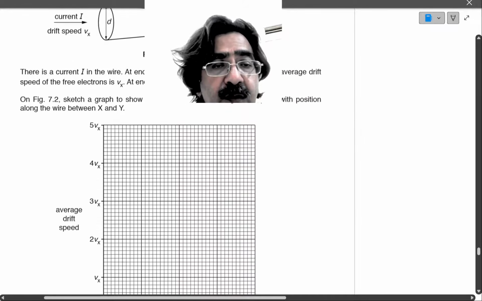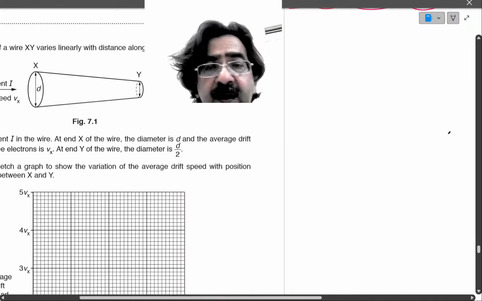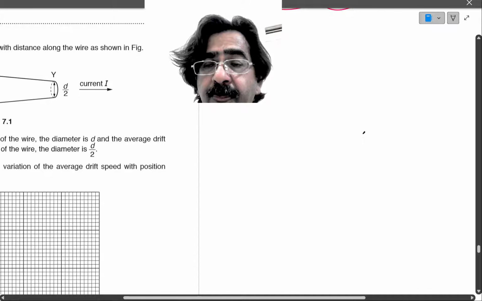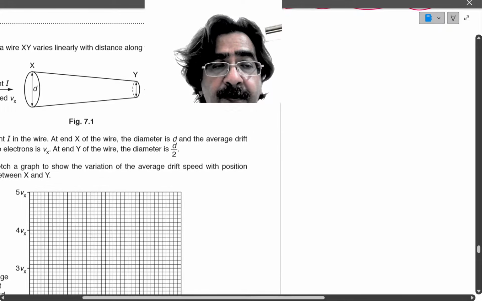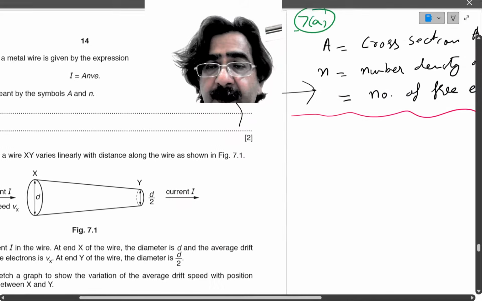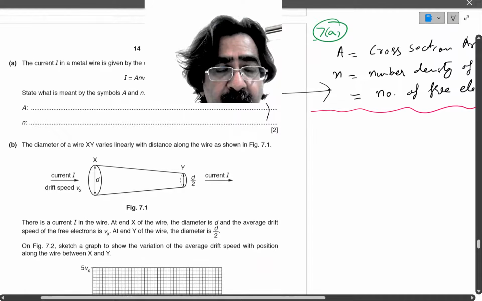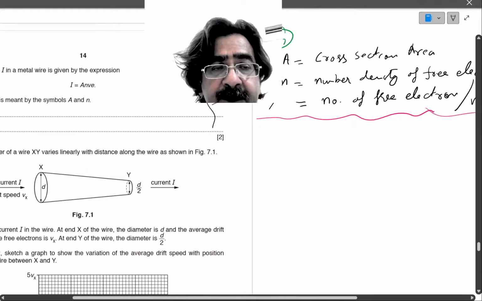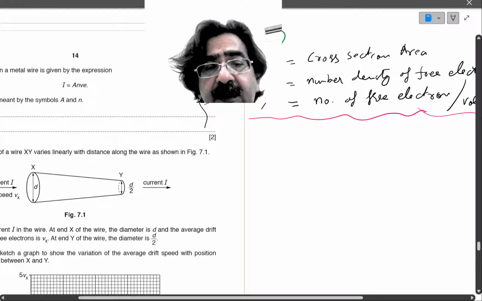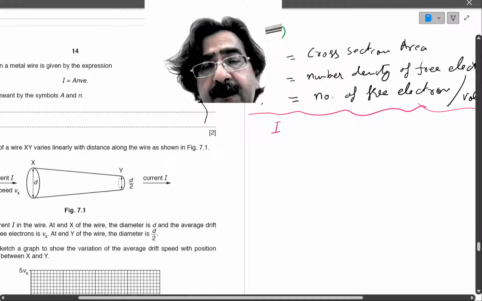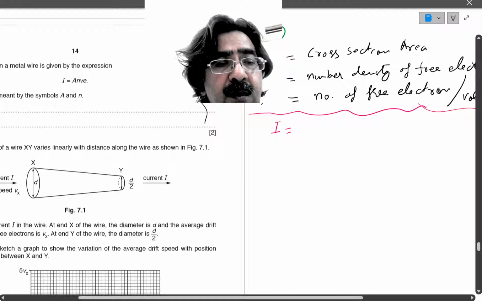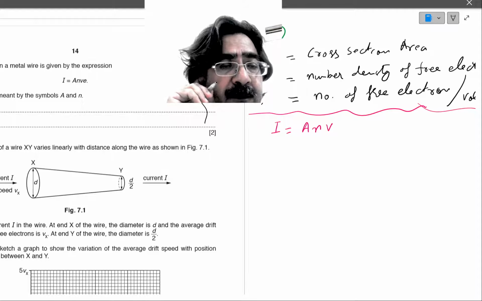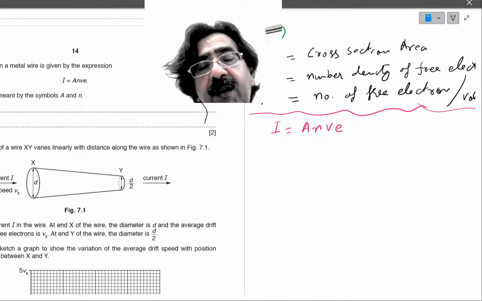As we know, the formula is I equal to A n v e, where v is the drift velocity.